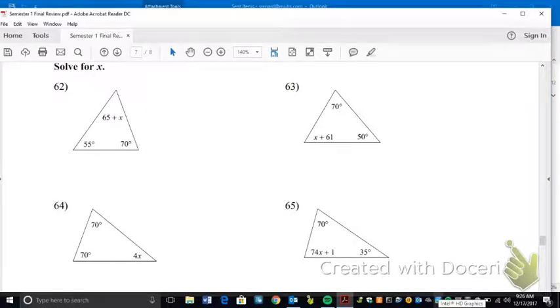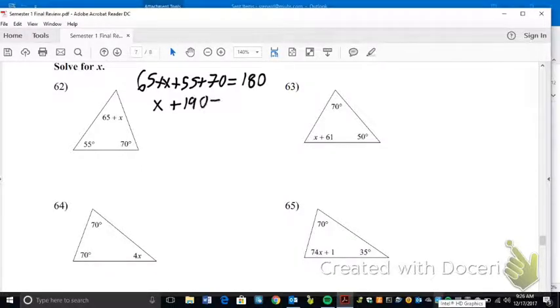All of these triangle angle sum theorems, it's important, that's why we're kind of doing it again and again and again. So 65 plus x plus 55 plus 70 equals 180.